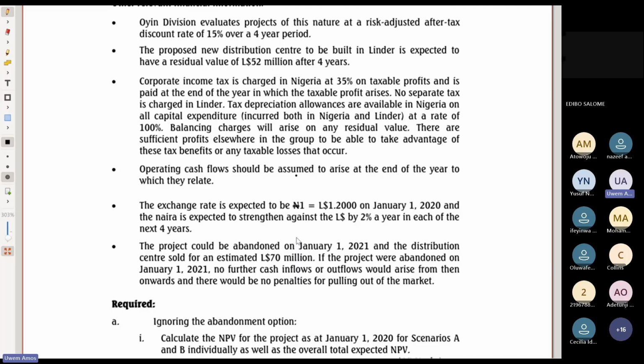The project could be abandoned on January 1, 2022, and the distribution center sold for an estimated 70 million Lindarian dollars. If the project were abandoned on January 1st, 2021, no further cash flows, inflows or outflows will arise from then onward, and there would be no penalties for pulling out of the market.